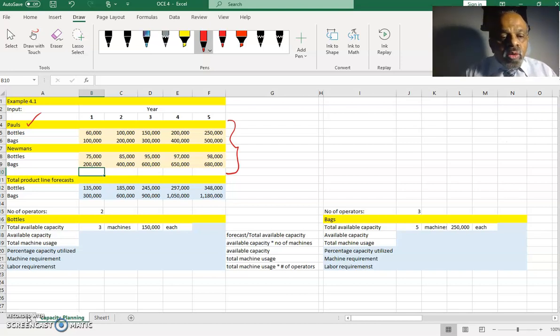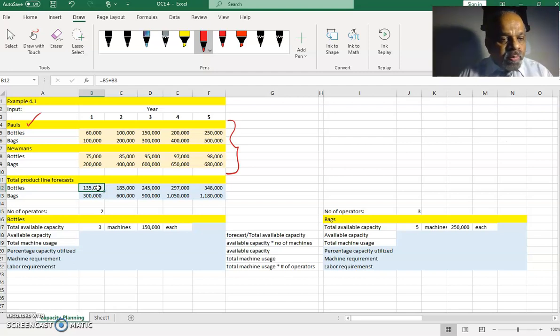First thing that we want to do, when we see something like this, and since the bottles and bottles are the same and the bags and bags are the same for both Paul's and Newman's, is to make sure that I take the total. So I'm going to calculate the total.